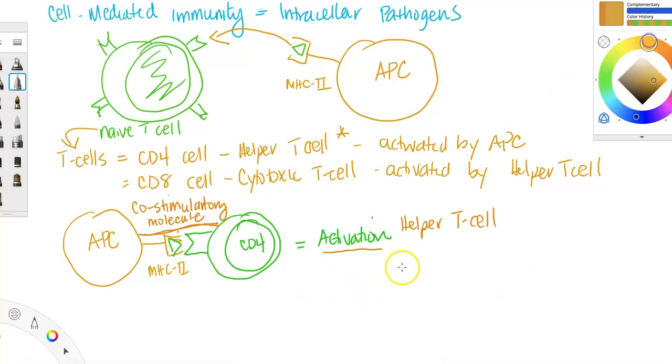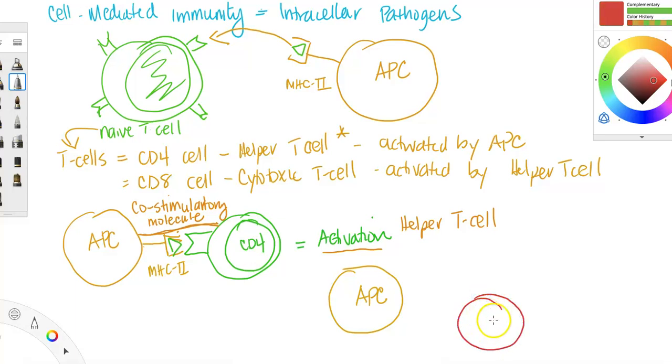Okay, if we have an APC and a CD8 cell. The CD8 cell, same thing, is going to have its T cell receptor, and the APC is going to have its platform with its antigen there, and it's going to bind. But what type of platform is this one?